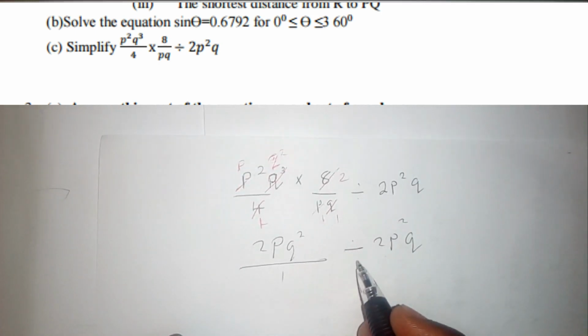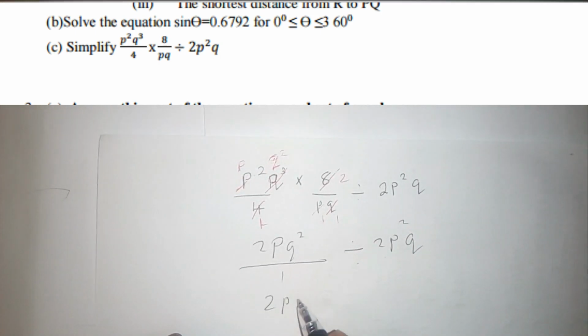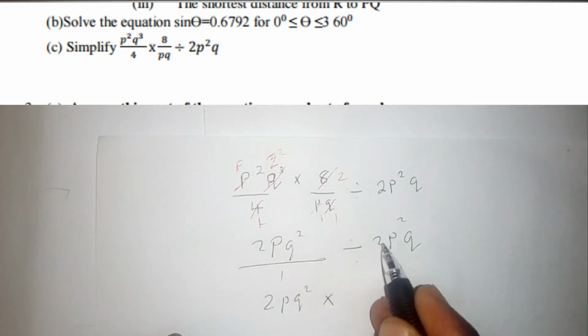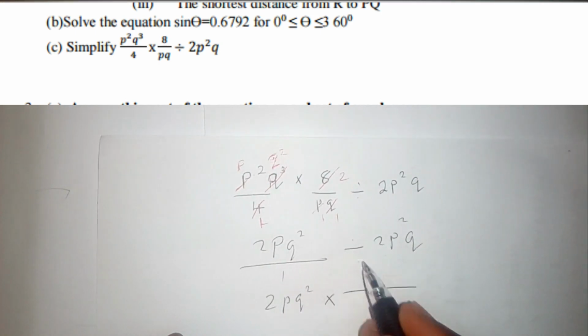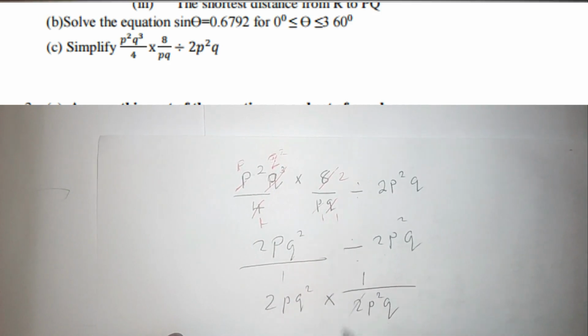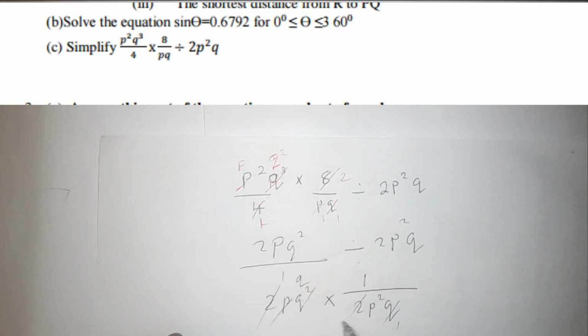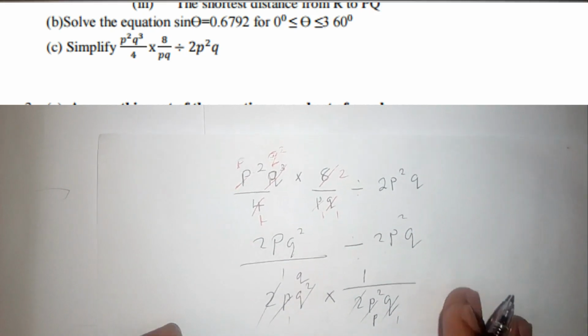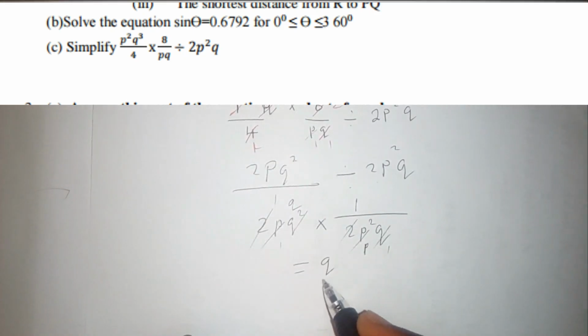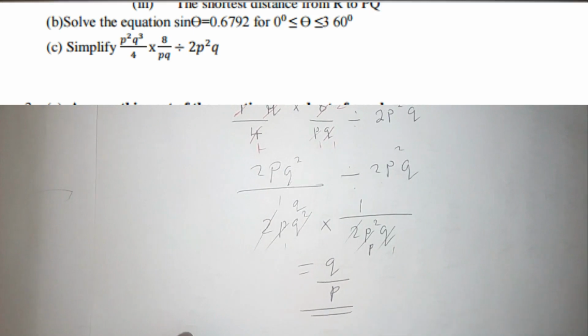Since this is division, this can change to multiplication. And then we have something like this. So these 2 and 2 disappear. This q1 here will remain with q. This p1 here will remain with p. So the answer will be equal to q over p. This is our final answer.